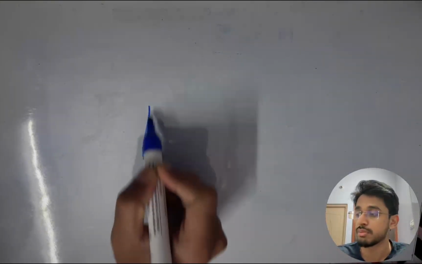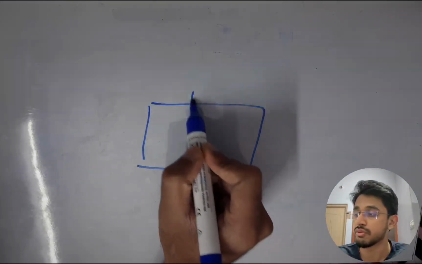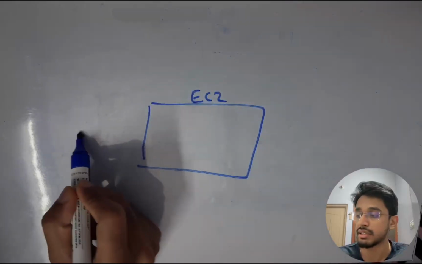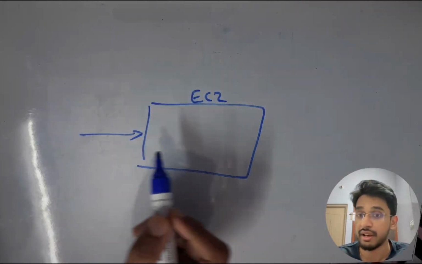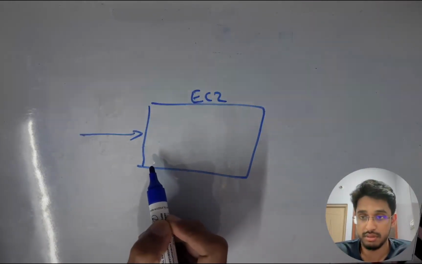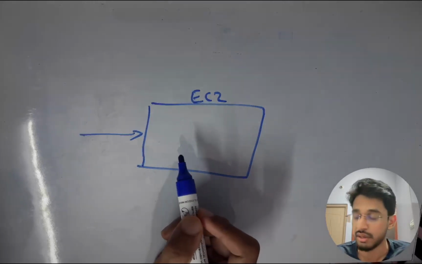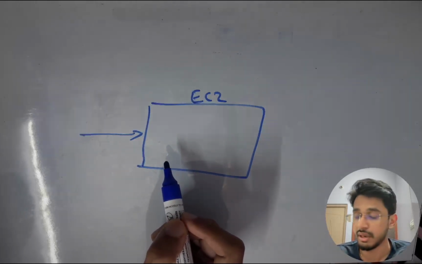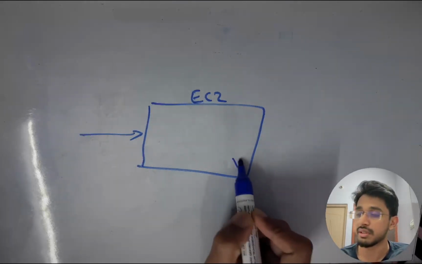The other problem is, let's say I have a virtual machine which I have deployed on EC2, okay, and I just pushed my container inside that. I ran Docker and I just executed the image by building a container and running my current application over there. So let's say for some reason this container fails.